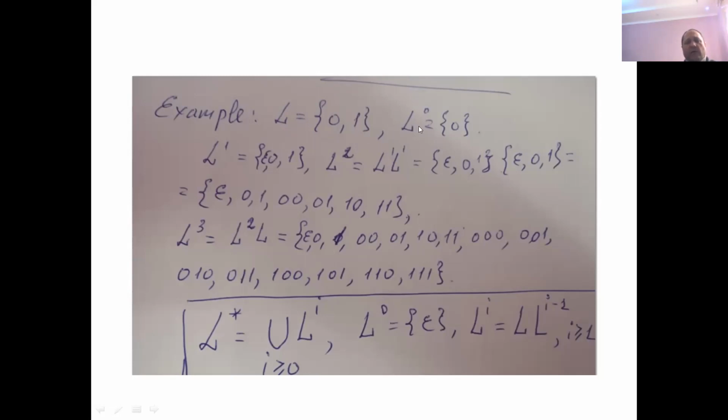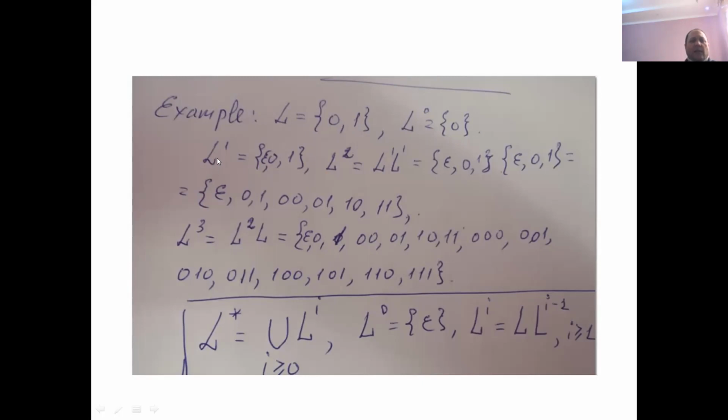So what does L to the degree 0 mean? Sorry, a little mistake here. It is the set consisting of epsilon.